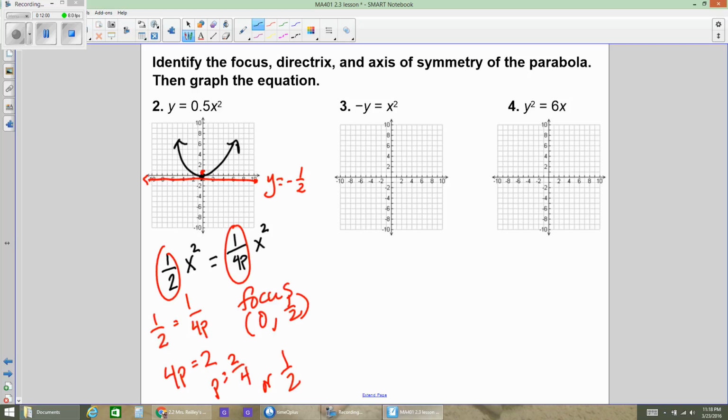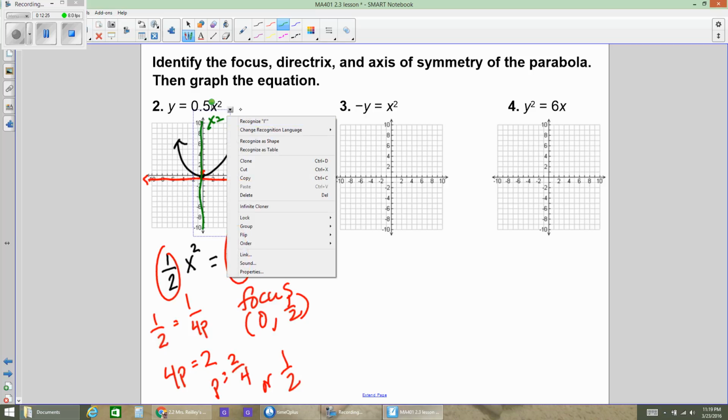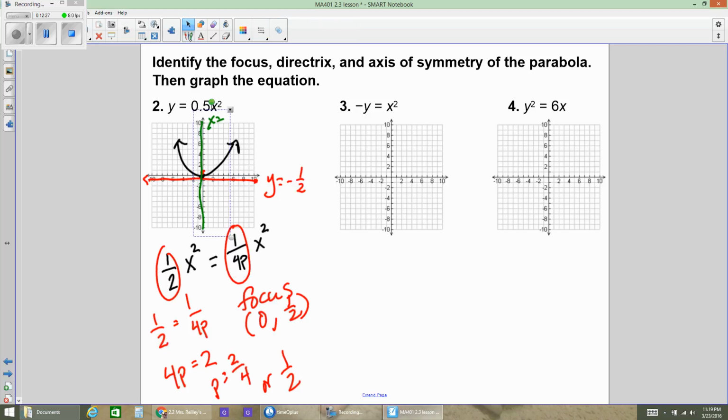We're not actually checking points for this lesson. So focus, got it. Directrix, got it. Axis of symmetry. Okay, the axis of symmetry for this problem, we'll use green again. Right here. The axis of symmetry, x equals 0.